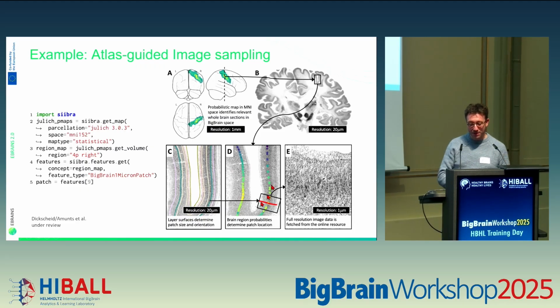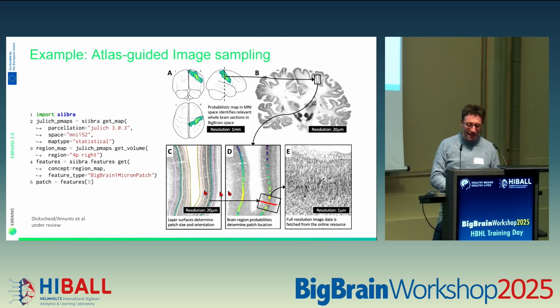Once it's there in a zoomed in region, it internally loads cortical layer maps to understand the orientation in the cortex. Where is outside, where is inside, where is the cortex? Because if I want a correctly sampled patch in the cortex, I need to know where the outside and inside of the brain are.